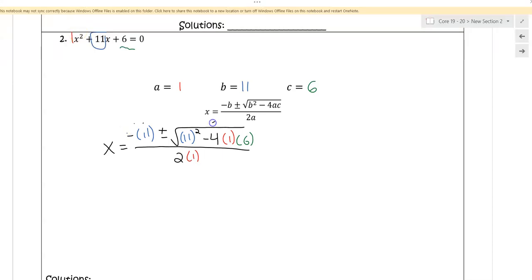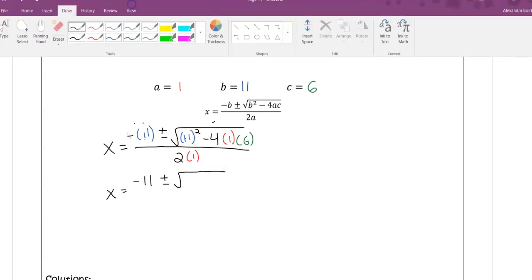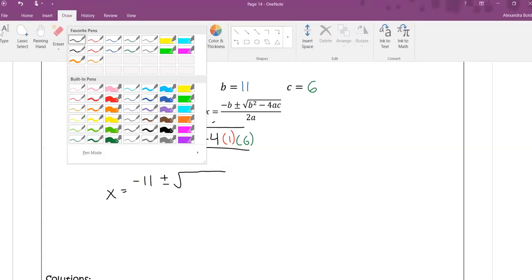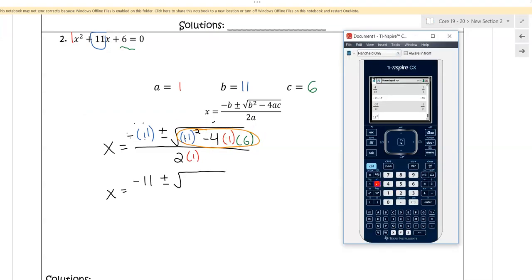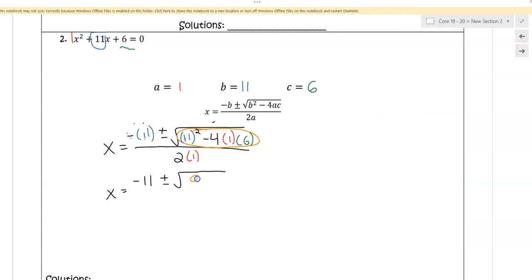So again, the 3 different pieces. The opposite of 11 is negative 11. If I type the inside of my square root into the calculator, 11 squared with parentheses, minus 4 times 1 times 6, we get 97.